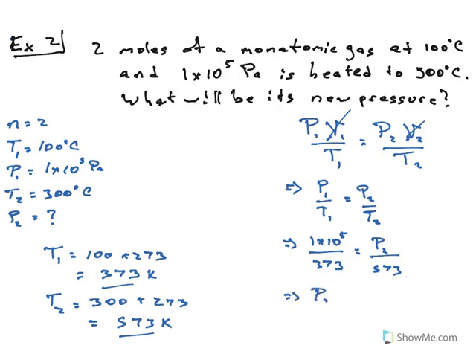So solve for P2. P2 is 1 times 10 to the 5th times 573 divided by 373, and I get 1.54 times 10 to the 5 pascals.